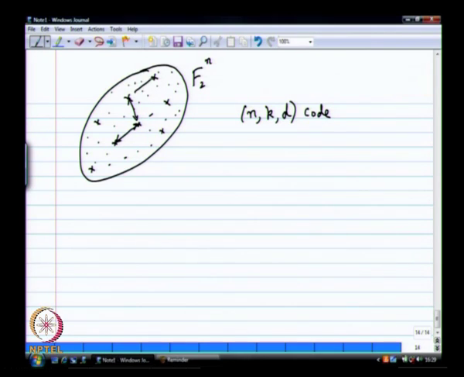The distance between any two stars is at least d. That is the picture you should have in mind: you have the set of all vectors, a few of the vectors are your codewords, and any two codewords are at least a distance d apart in Hamming distance.